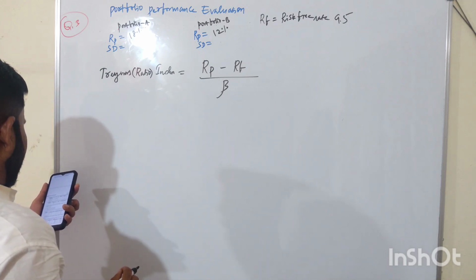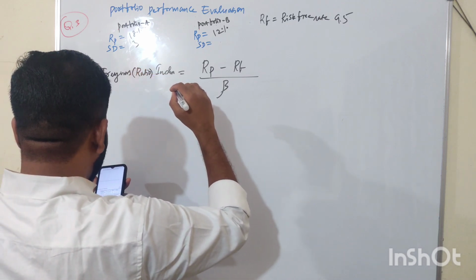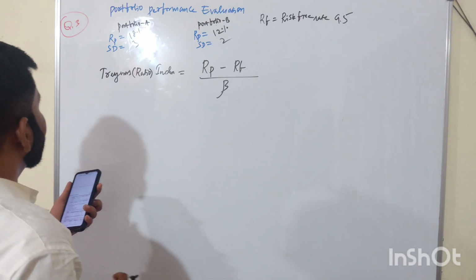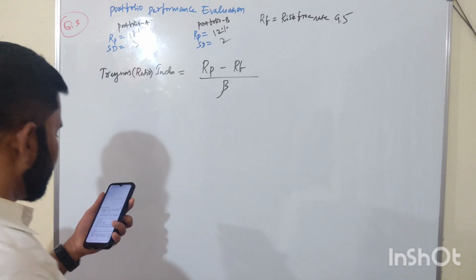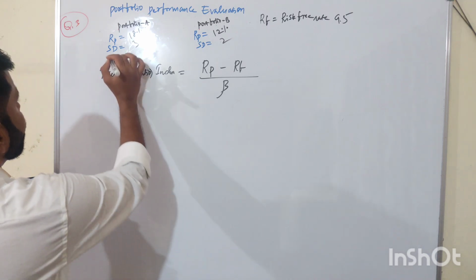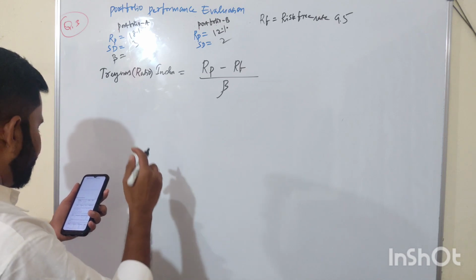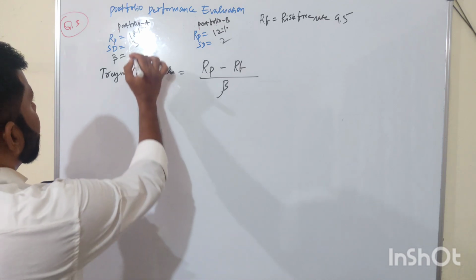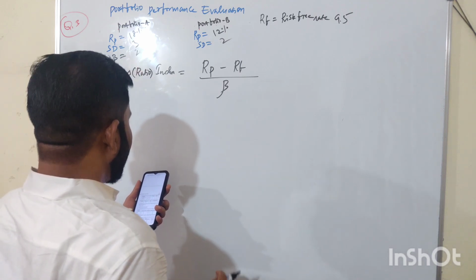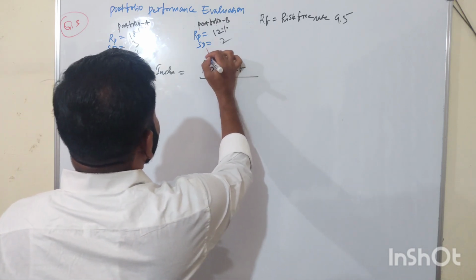What is the standard deviation of portfolio A? 3%. What is the standard deviation of portfolio B? 3.2, no, 2%. Then beta, one more. Beta of portfolio A is clearly 2. Then beta of portfolio B, 1.5.